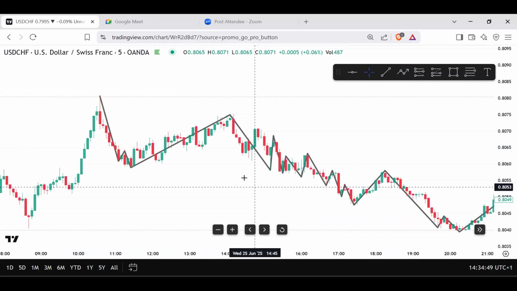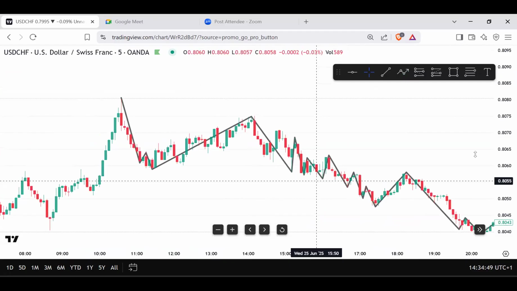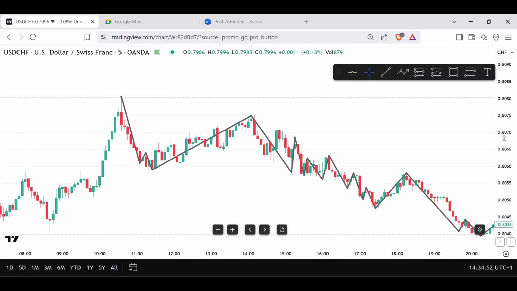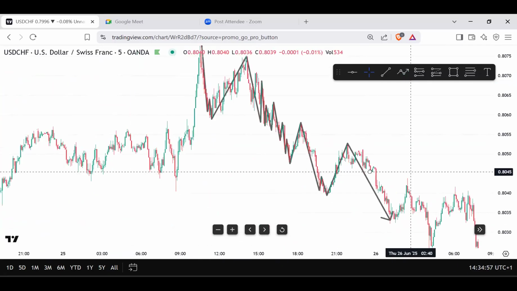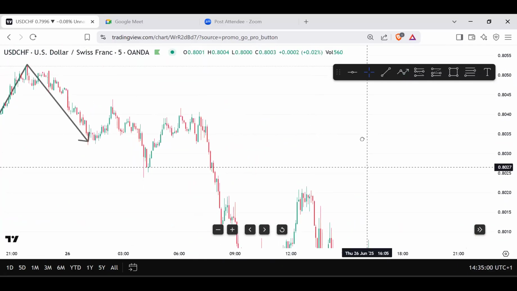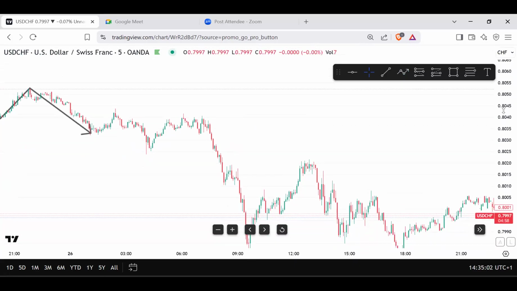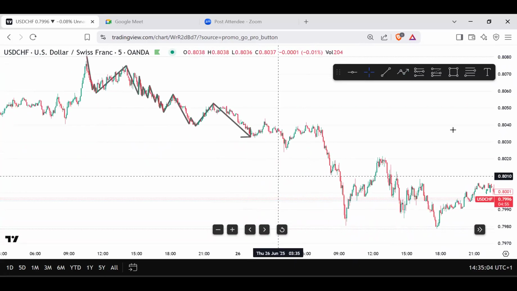That's basically the first work, marking the valid pullbacks. Because we're just coming on this chart, we don't know what has been happening. So we need to mark the valid pullbacks.